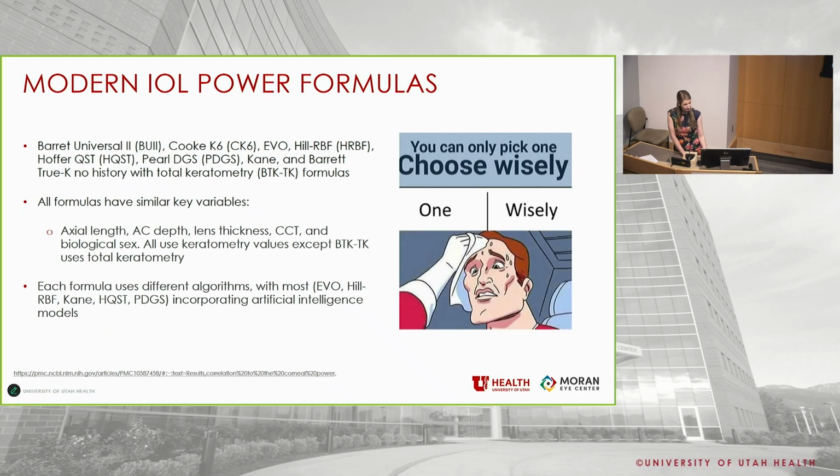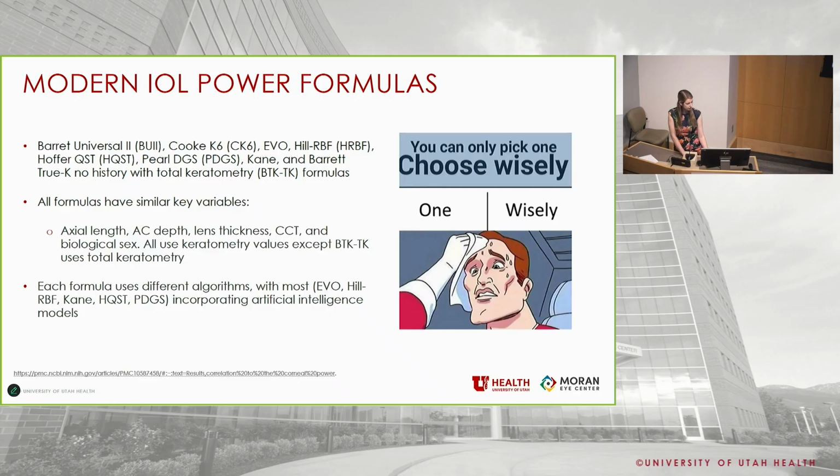So, moving on to modern IOL power formulas. Again, this is similar to what Sam was discussing. These are the more modern, later generation formulas. All of these formulas have similar key variables, including axial length, AC depth, lens thickness, central corneal thickness, biological sex, and they all use keratometry values, except for the BUII-TK, which uses total keratometry.